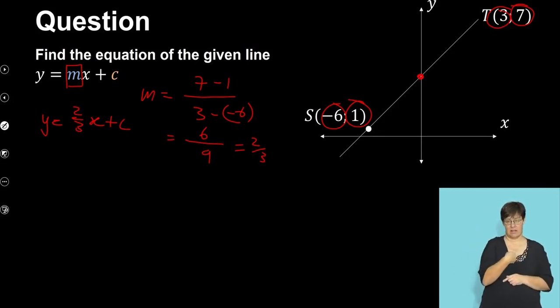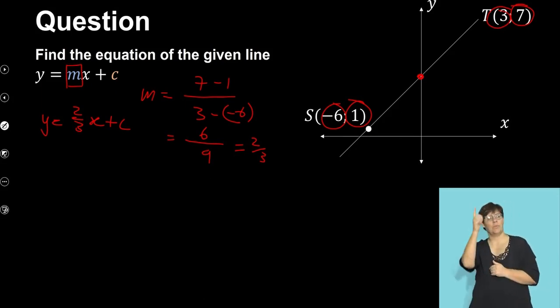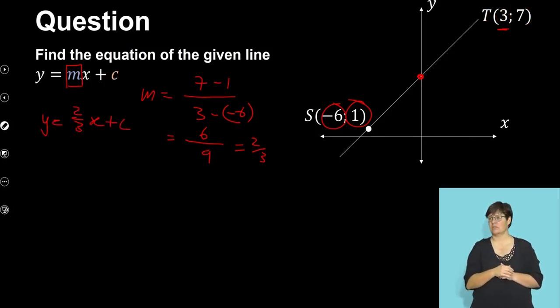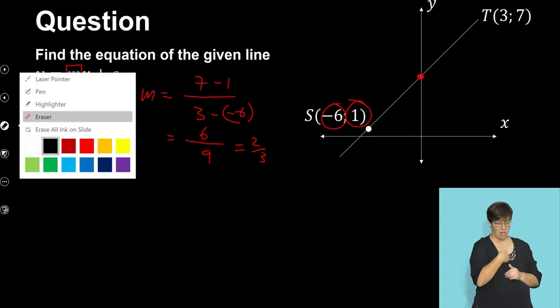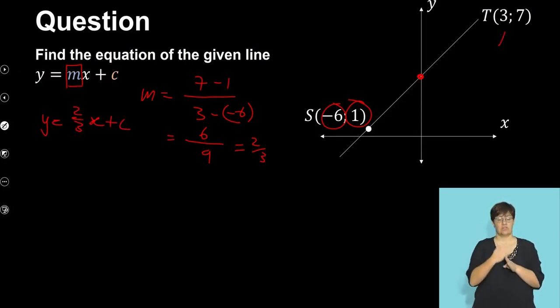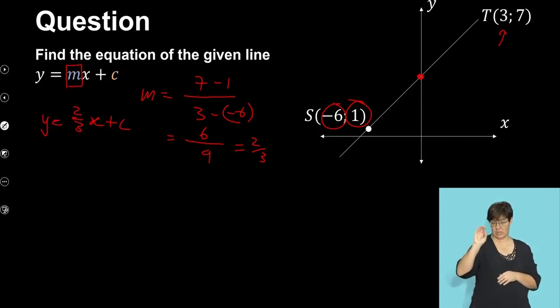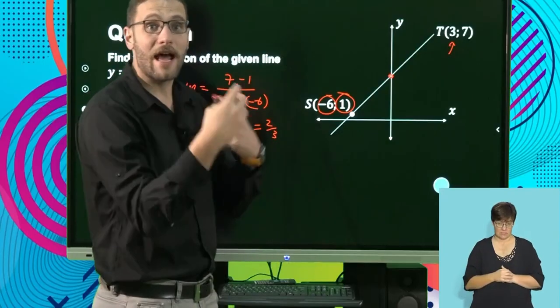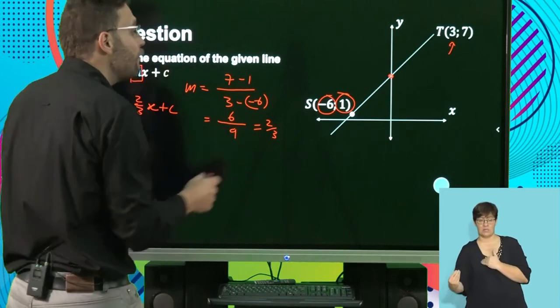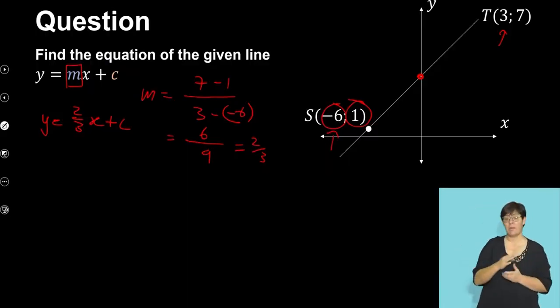But I also know that the whole point about a function is that if I put in 3, I must get out 7. That's the whole point about a function, its input and output. And similarly, if I put in minus 6, I must get out 1.